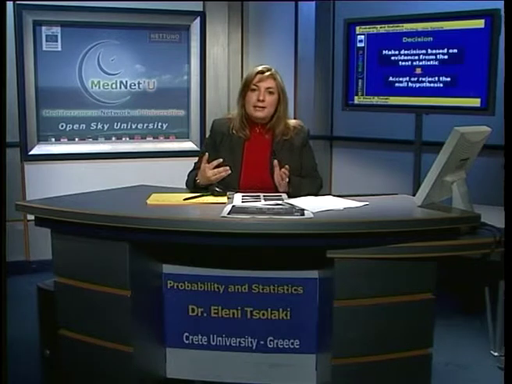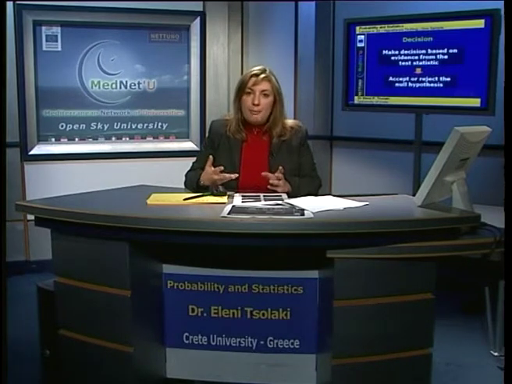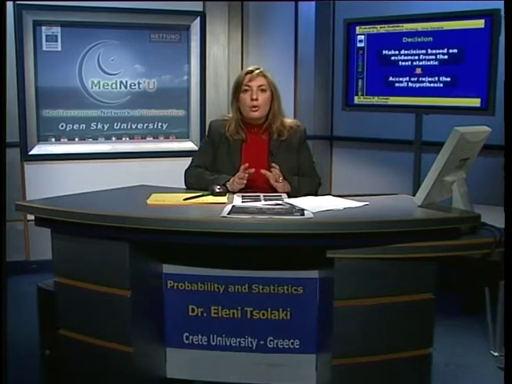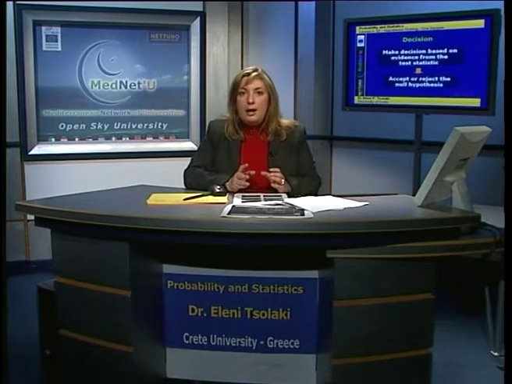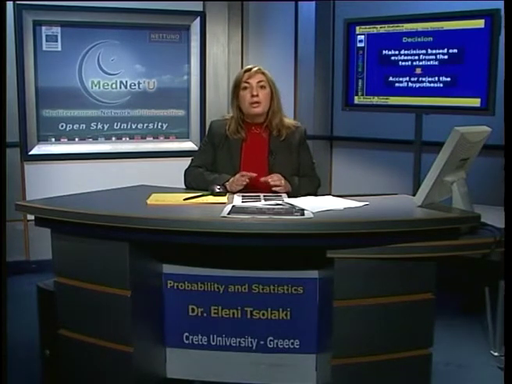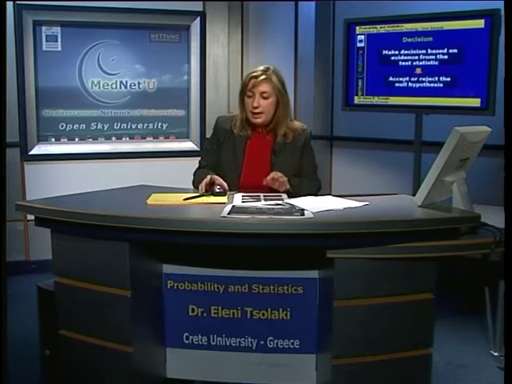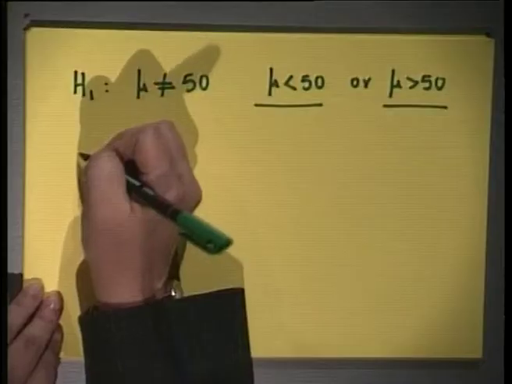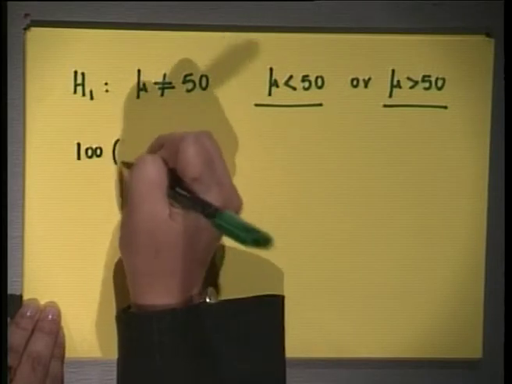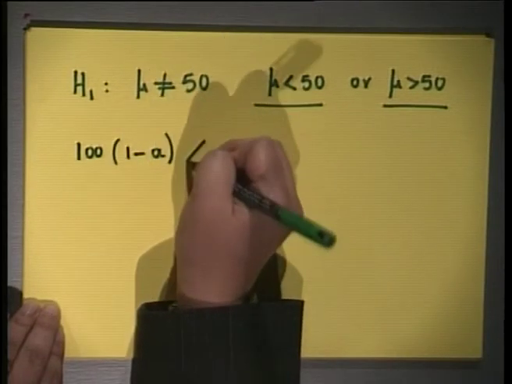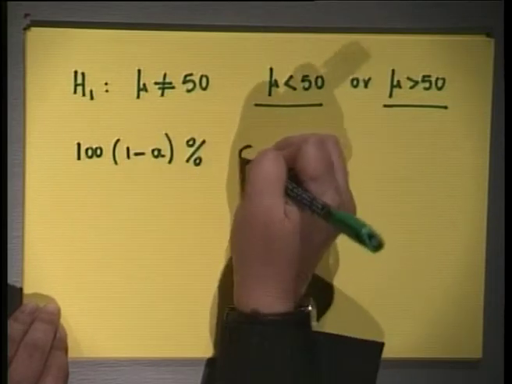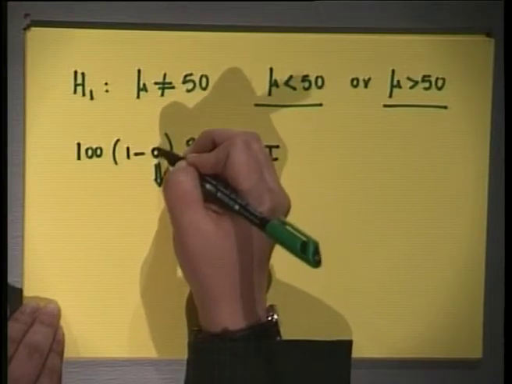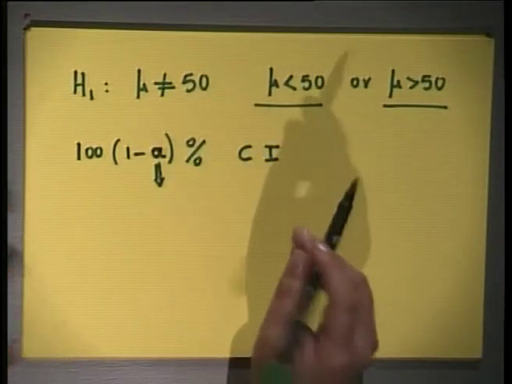Now, let's have a look at what happens when we do a hypothesis test. As we have seen in confidence intervals, we had a confidence level. The same thing happens with hypothesis testing. Let me remind you that when we're looking at confidence intervals, we're looking at a 100 times (1 minus a) percent confidence interval. Let us note this a here and see what it means for hypothesis testing.